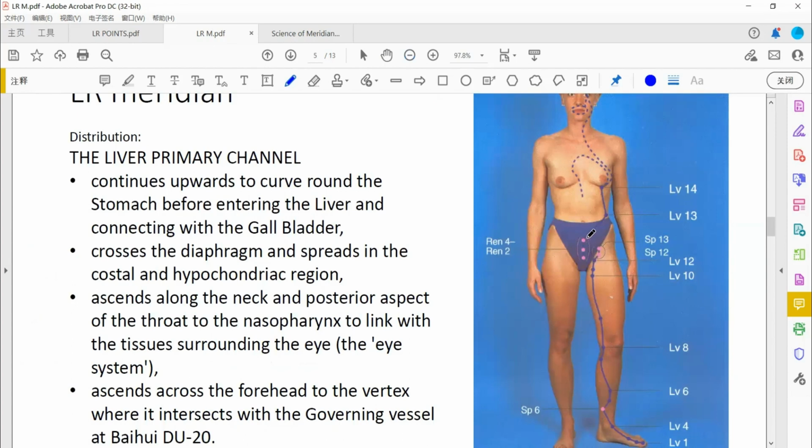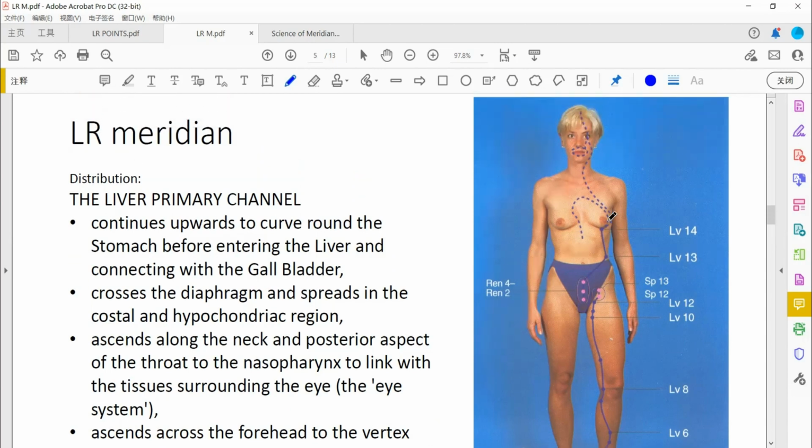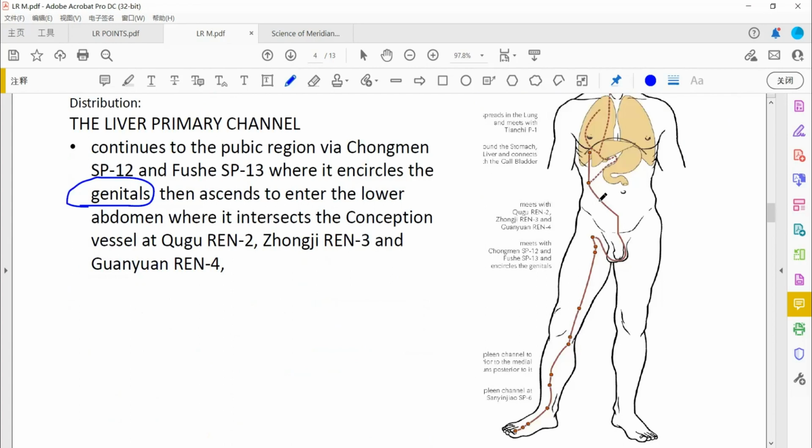And then it continues upward to curve around the stomach before entering the liver and connecting with the gallbladder. Let's go back to take a look at this one. This one curves around the stomach, then enters the liver and gallbladder.